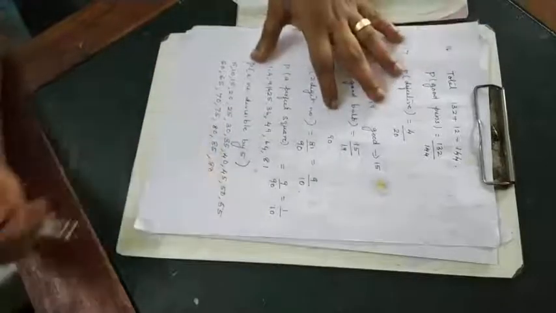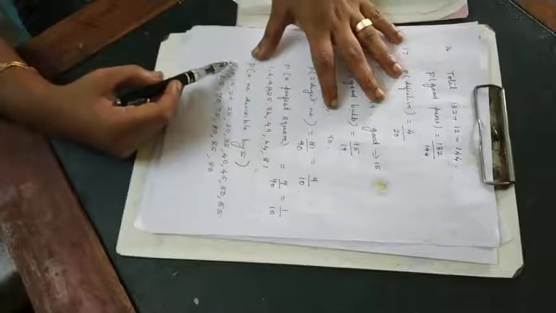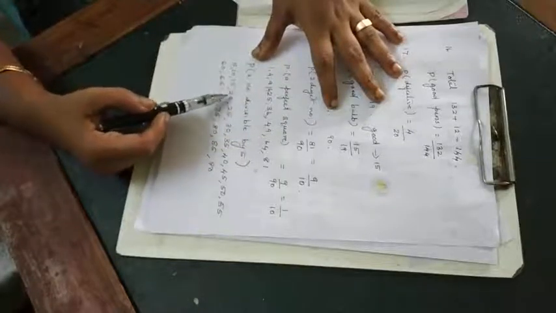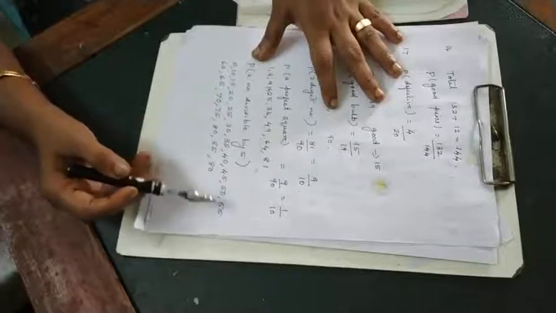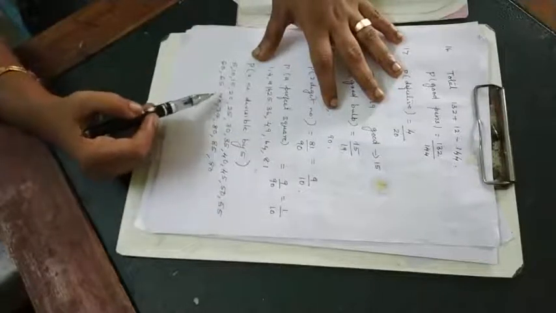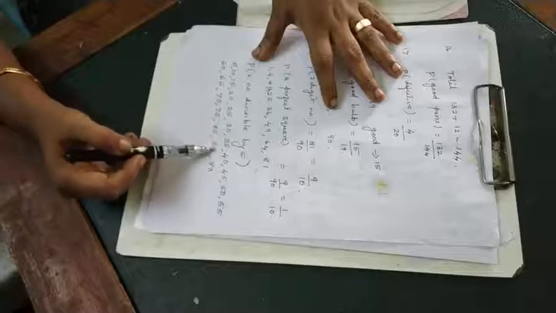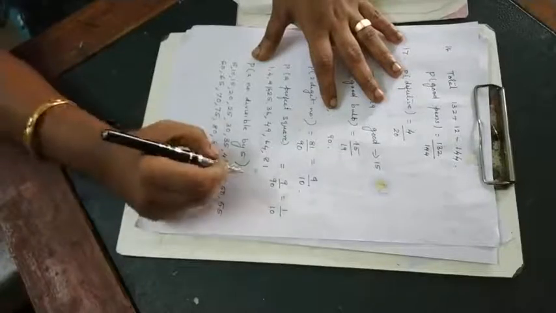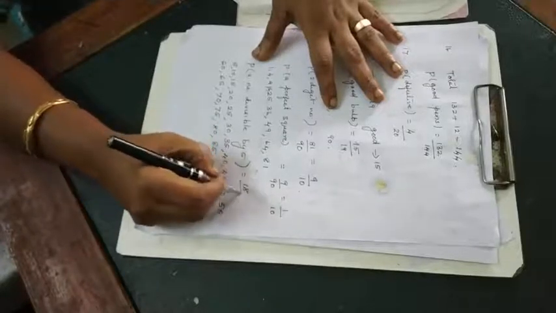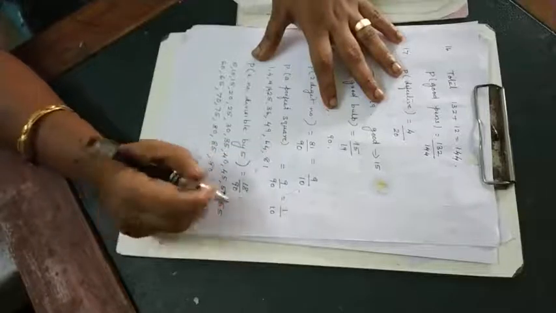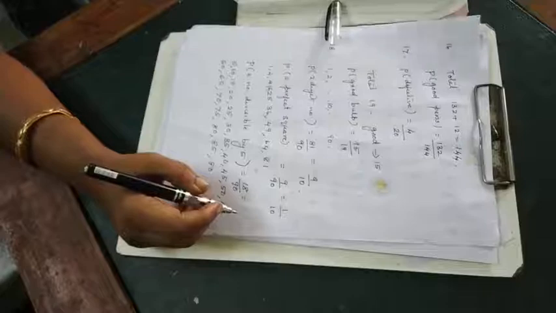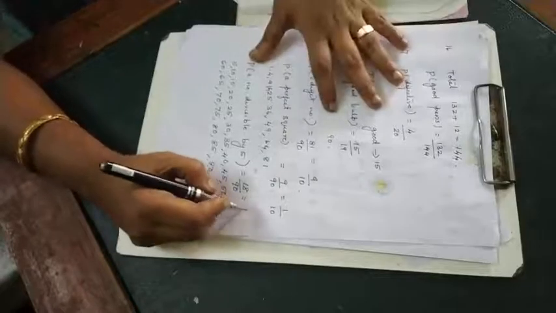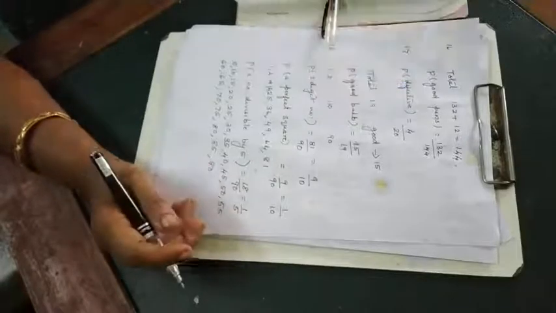So now look at how many numbers are there. 1, 2, 3, 4, 5, 6, 7, 8, 9, 10, 11, 12, 13, 14, 15, 16, 17, 18. So 18 by 90. 18 by 90 means how much it will come? 1 by 5. Okay.